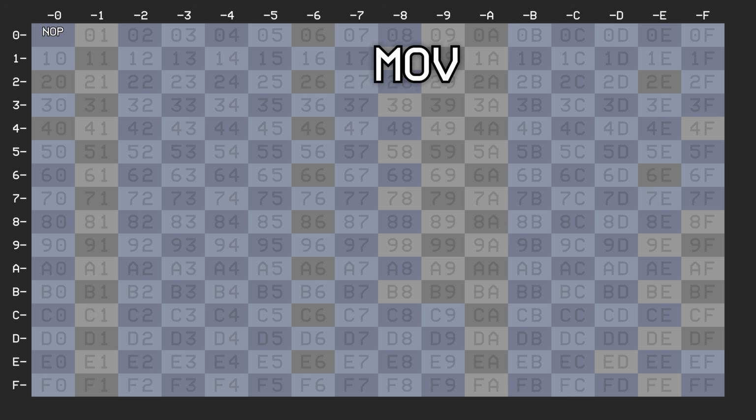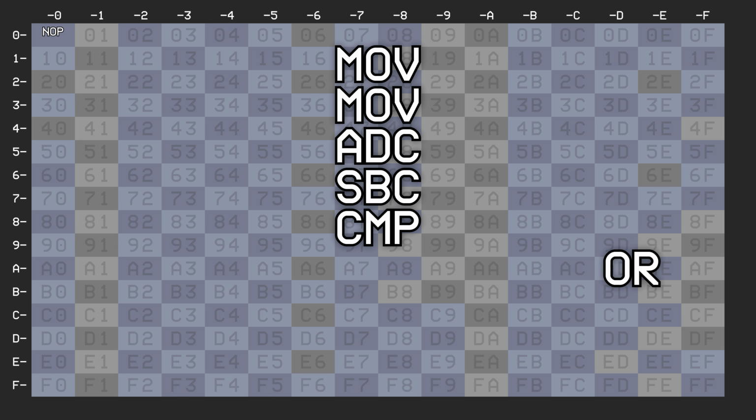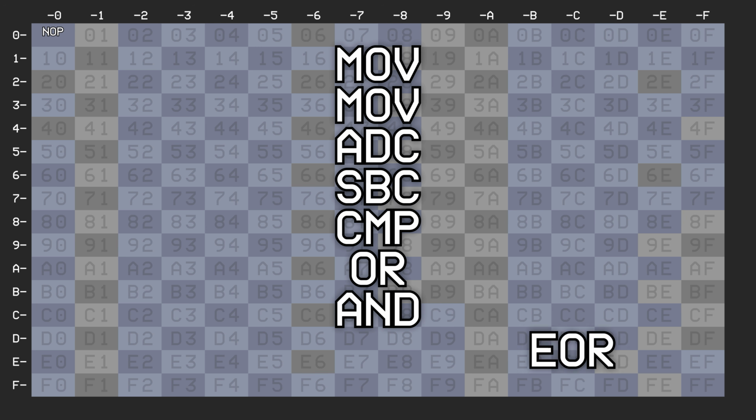These are the load value to the accumulator, store value from the accumulator, which in SPC700 syntax are both written as MOV, add to the accumulator with carry, subtract from the accumulator with borrow, compare with the accumulator, logical OR with the accumulator, logical AND with the accumulator, and logical exclusive OR with the accumulator, which is written as EOR in this syntax. As you can see, the accumulator is called the accumulator for a reason. It does a lot of heavy lifting.